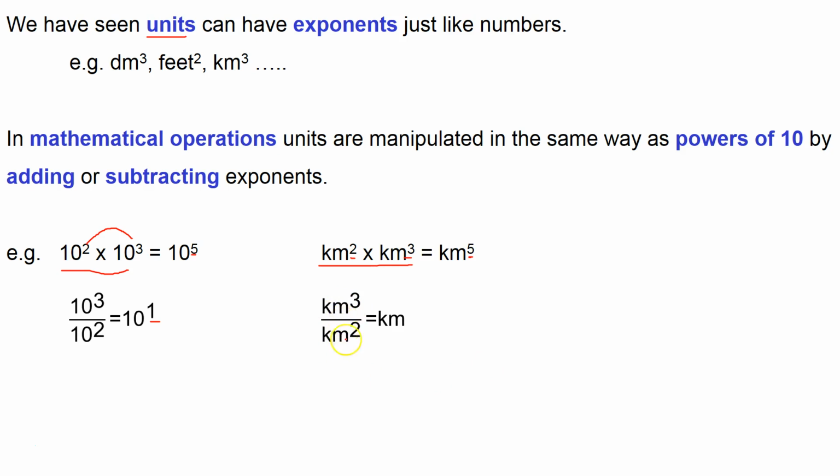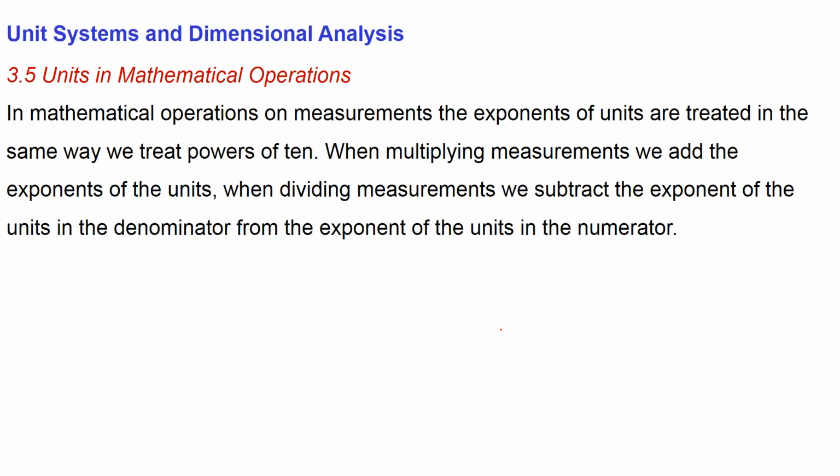And when we divide two units that have exponents, just like with powers of 10, we subtract one of the top exponent from the bottom one. And so there's a 1 there that we haven't placed. So we're going to keep that in mind, that we can multiply exponents on units. And what we'll also see is that we can divide and multiply and cancel and do all of the things with units that we do with regular algebraic symbols.